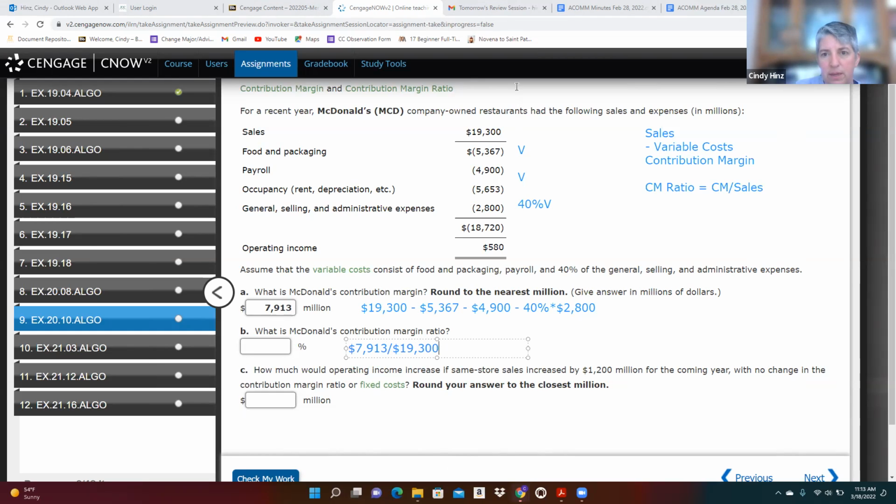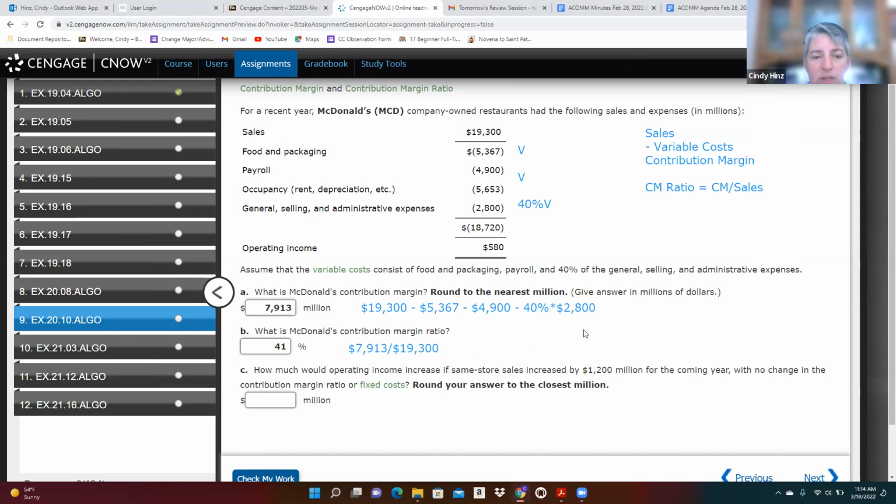It doesn't tell us to round. I got a whole number anyway. So 41% is what I got. Again, your numbers may be different based on what's given in your exercise.